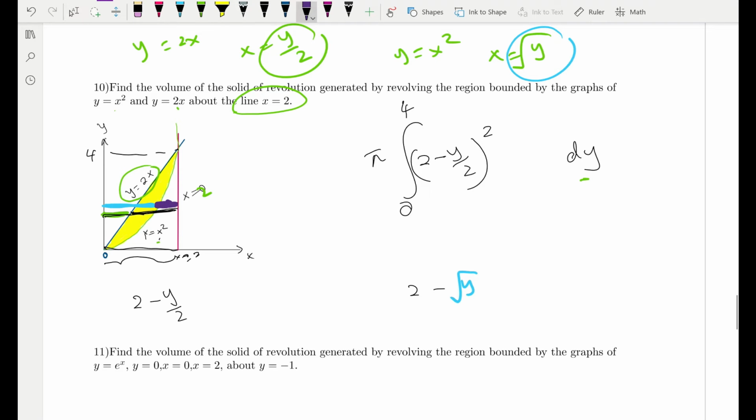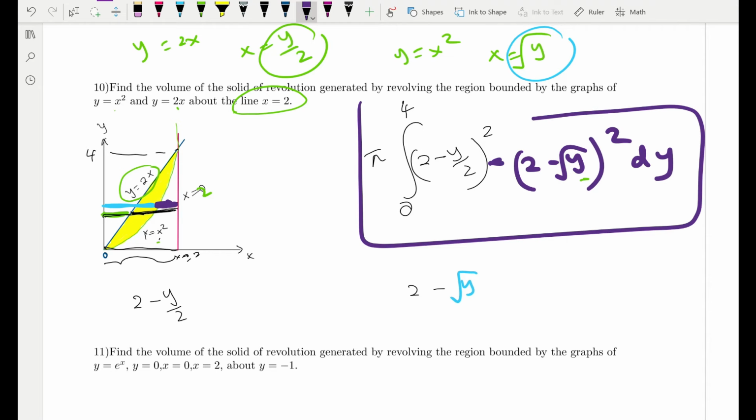That's 2 minus square root y, so minus (2 minus square root y) squared. That's the second radius. So this is the integral that will give you the volume if you rotate this object around the vertical line x is equal to 2. So finding that radius is the key thing.